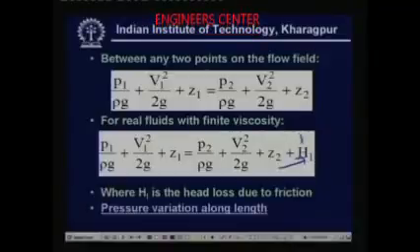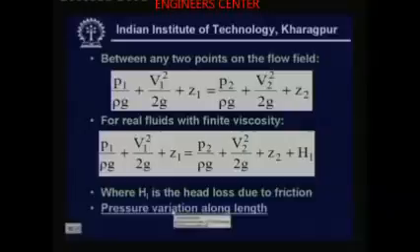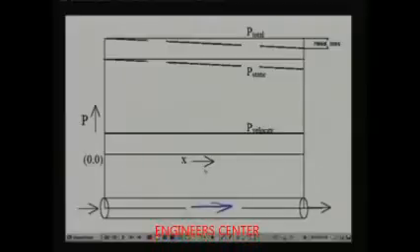So now let me show the pressure variation. Let us apply the Bernoulli equation to a pipe flow and let us see how the pressures are varying. Let us say what we have here is a uniform cross section pipe through which a fluid is flowing, okay, and we would like to plot different pressures. Now to start with, let us assume that the flow is inviscid, that means the fluid does not have any viscosity.